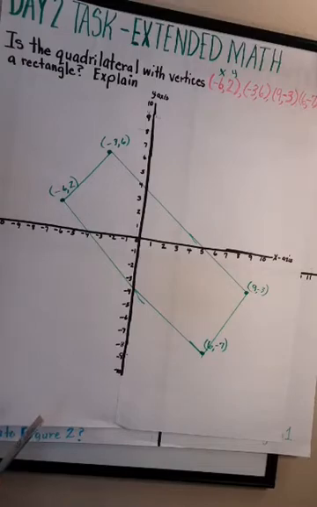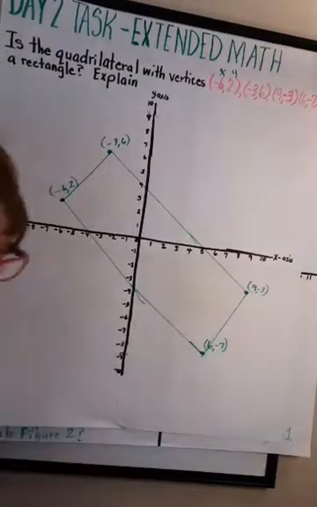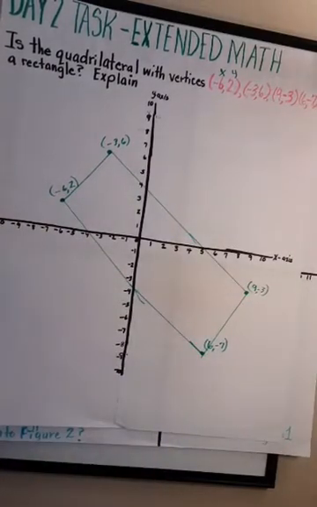So, what do you know about the angles of a rectangle? How many angles does a rectangle have? How many angles do you think we have in this rectangle here? How many angles do you see? Draw them in. Tell me how many it has.